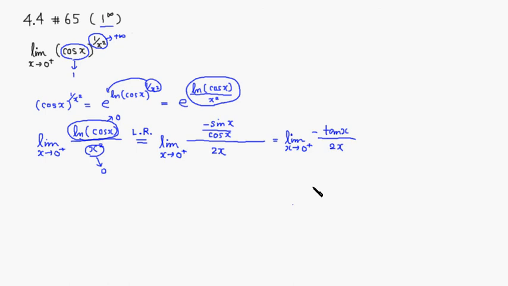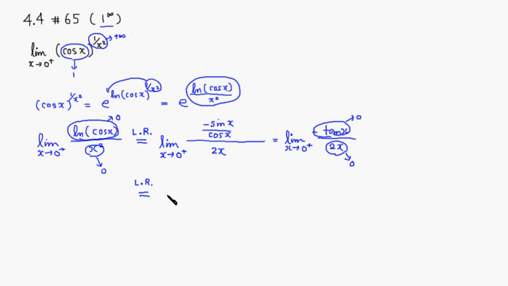Then plug in. As x approaches 0, the denominator 2x still goes to 0. And unfortunately tangent of 0 is 0 too, so the numerator still goes to 0. So 0 over 0, and we can apply L'Hopital's rule again. This is the second application of L'Hopital's rule.